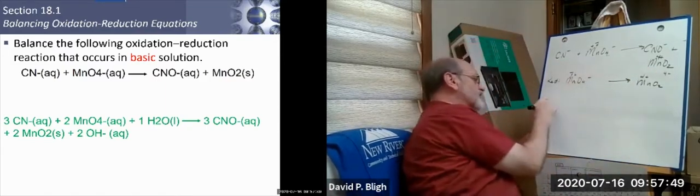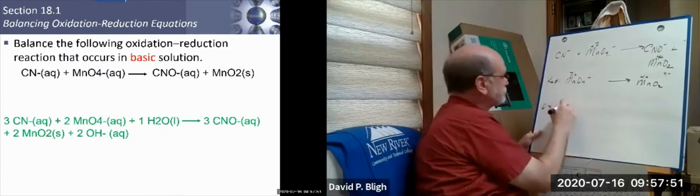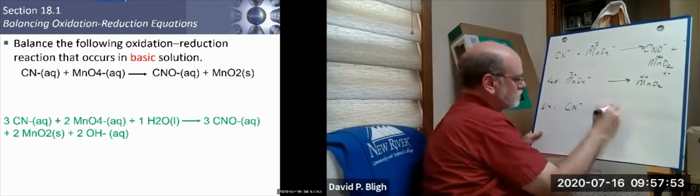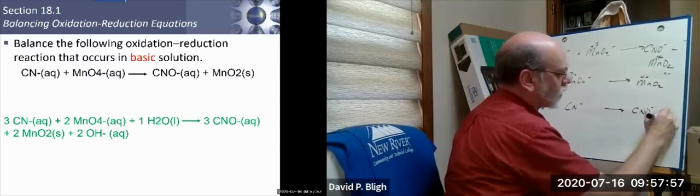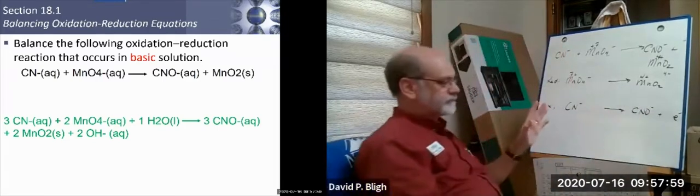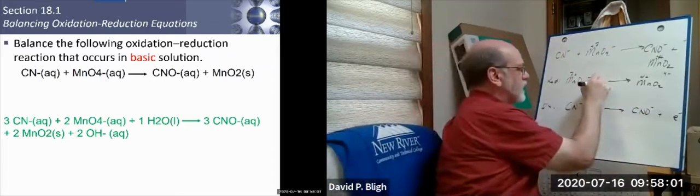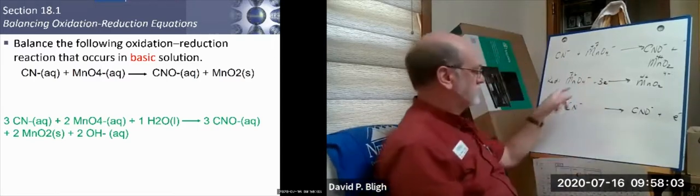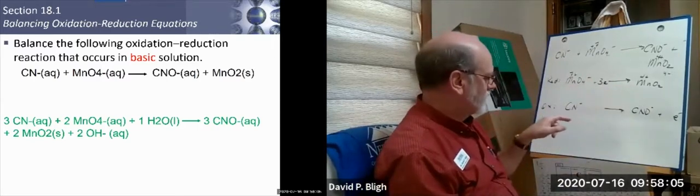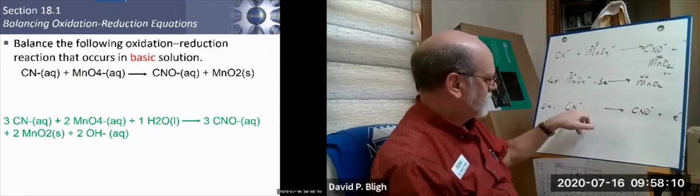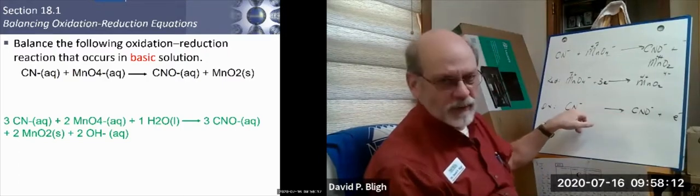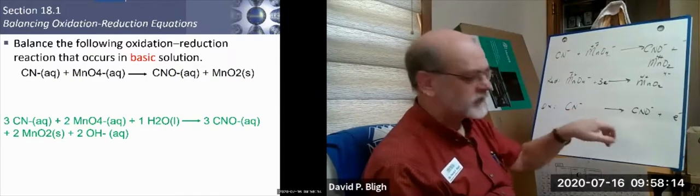Okay, so that means the oxidation has to be this one. So we're going to have some electrons over here. And we're going to have 3 electrons here, we know, for that manganese. The trick is to decide whether it's carbon or nitrogen that was oxidized or reduced.